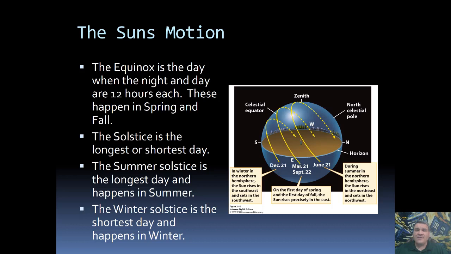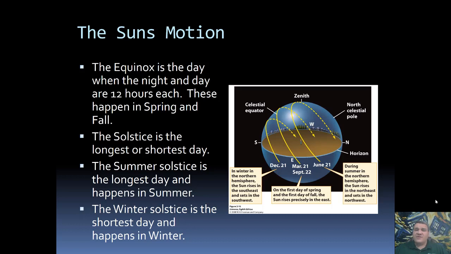On these days, because the sun is on the celestial equator, this means that we have 12 hours of daylight and 12 hours of night everywhere on the Earth. These typically occur in March and September. For the northern hemisphere, the spring equinox is around March 21st, and again in the northern hemisphere, the fall equinox is around September 21st or 22nd.